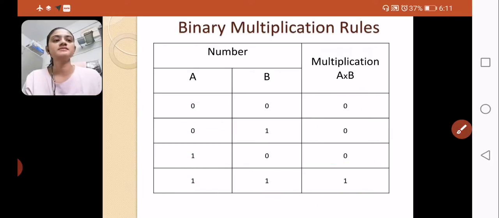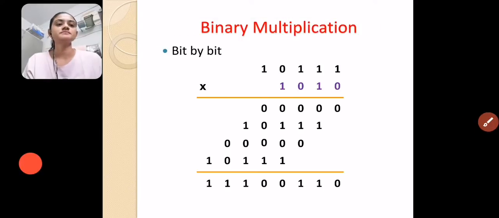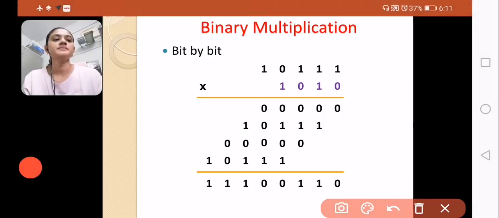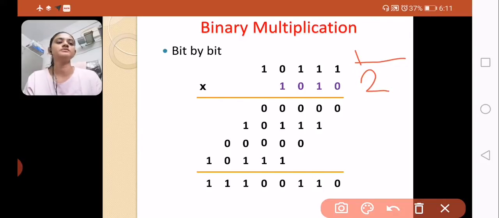Now let us take its example. Here two numbers are given. The first number is 1011 and the second number is 1010. You are asked to multiply these two numbers. You have to perform multiplication bit by bit.